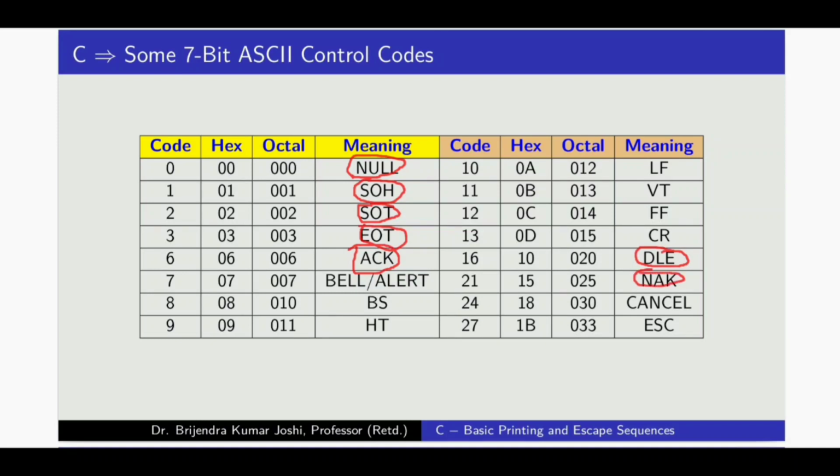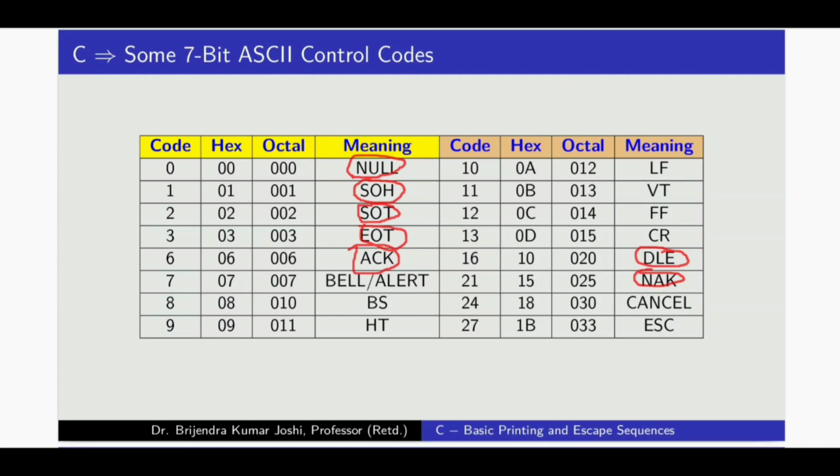These are control codes which can be identified easily by people who work in the computer communication field. These codes are transmitted on a communication channel. So we will not be making any use of them here.